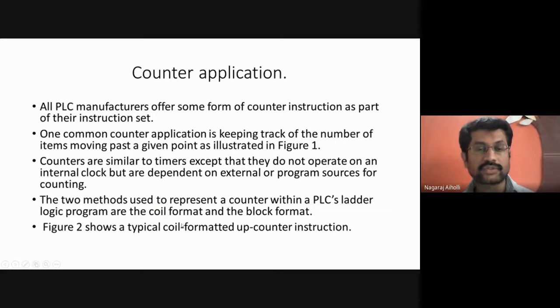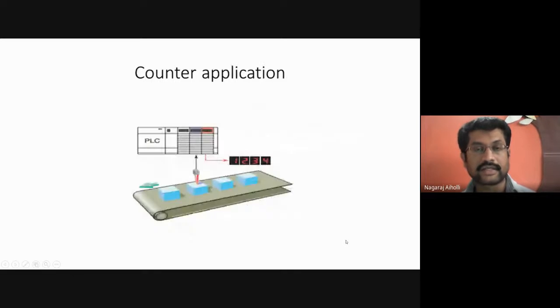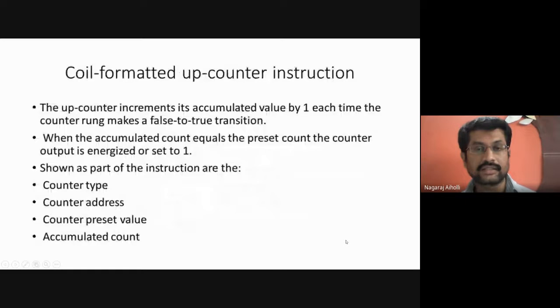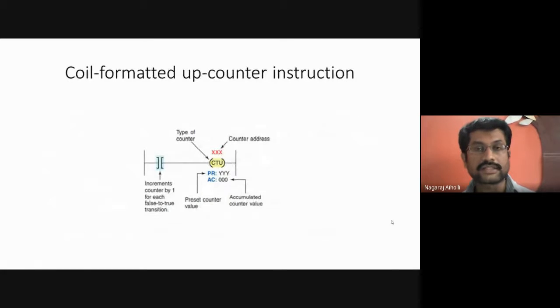The next figure shows a typical coil formatted up counter instruction. As we can see in this figure, it is an up counter instruction, coil formatted. What is the meaning of coil formatted up counter instruction? Here it consists of a coil, the relay coil. It is an internal contact.